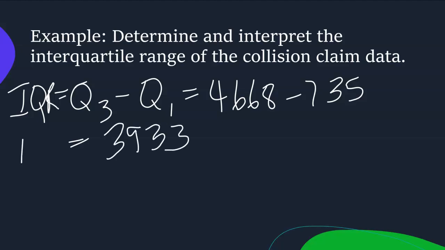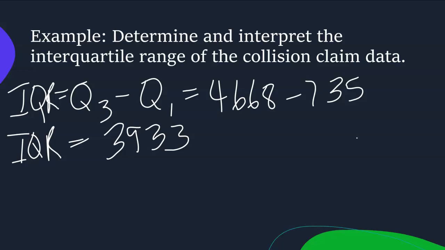So our IQR, our interquartile range, is 3933. That means that the range of your middle data from your 25% to your 75% is $3,933. Now, this is a measure of spread. So like your standard deviation and like your range, this is another measure of spread that you can use, okay?